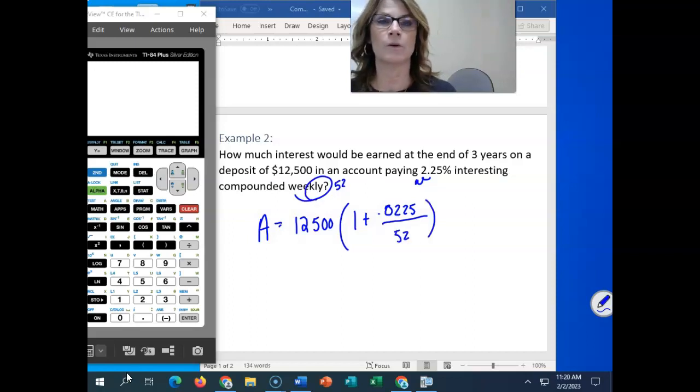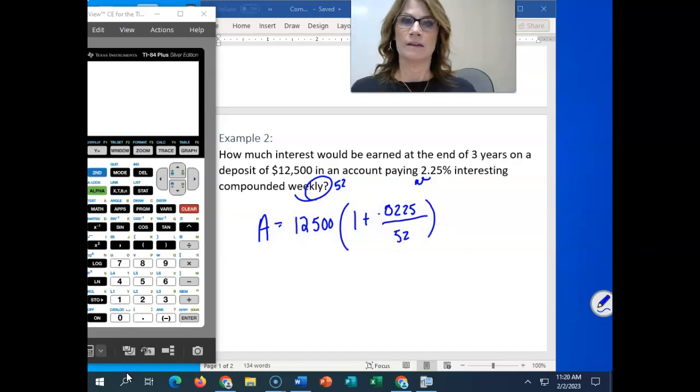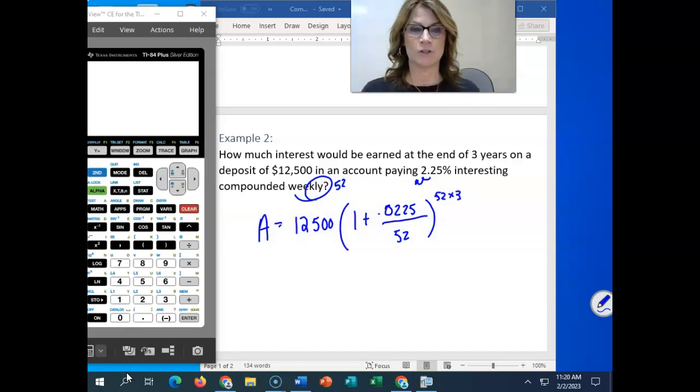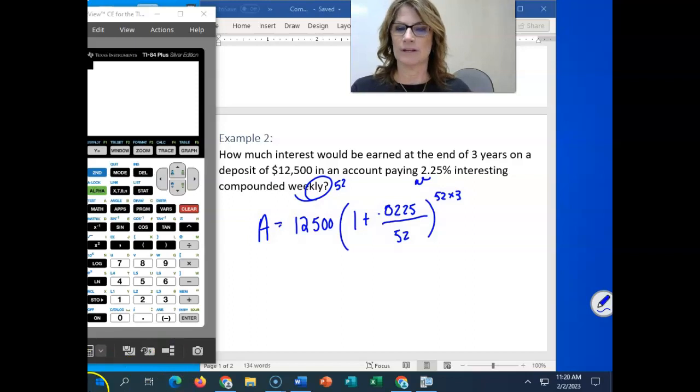So that's 52, and then we're going to raise it to the number of periods times the year. And so that would be whatever 52 times 3 is, so that's 156.